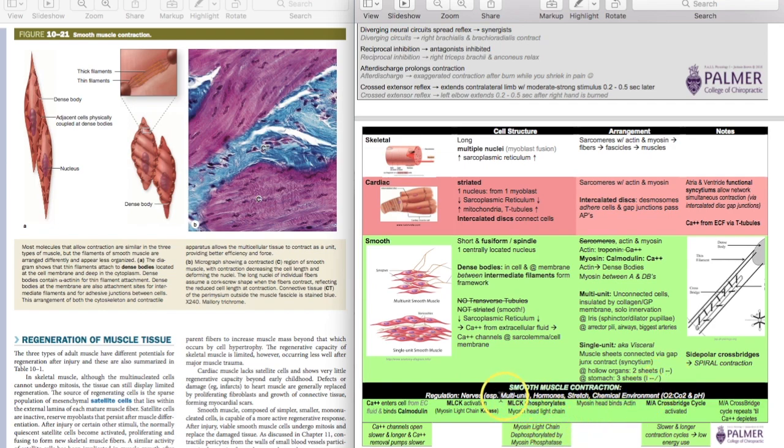Some more details on smooth muscle contraction in black here are that in general, it's regulated by a number of things. Nerves will regulate smooth muscle contraction, especially multi-unit, because there's more nerves involved with it, with one nerve per cell. Hormones, degree of stretch, chemical environment like oxygen and CO2 levels, as well as the pH.